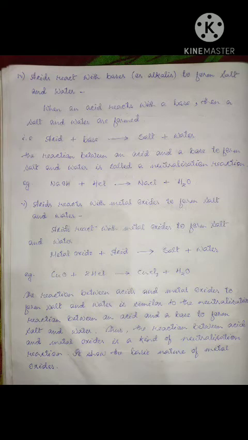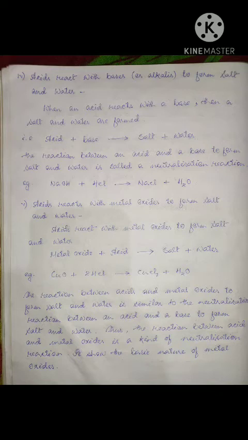The fifth property is acid reacts with metal oxide to form salt and water. Acids react with metal oxide to form salt and water. In short form, we can write metal oxide plus acid to form salt and water. For example, copper oxide plus hydrochloric acid to form copper chloride plus water.